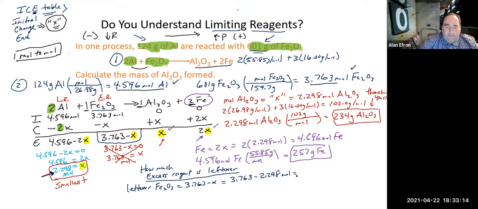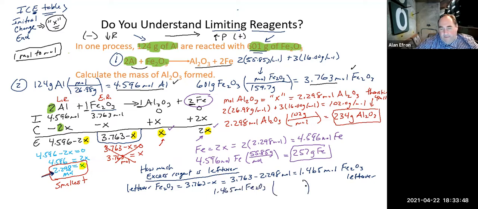Which would be 3.763 minus 2.298 gives us 1.465 moles of our iron 3 oxide left over. And if we want to know how many grams that was, we could use our molar mass that we had up here, same molar mass, and we can go 1.465 moles.